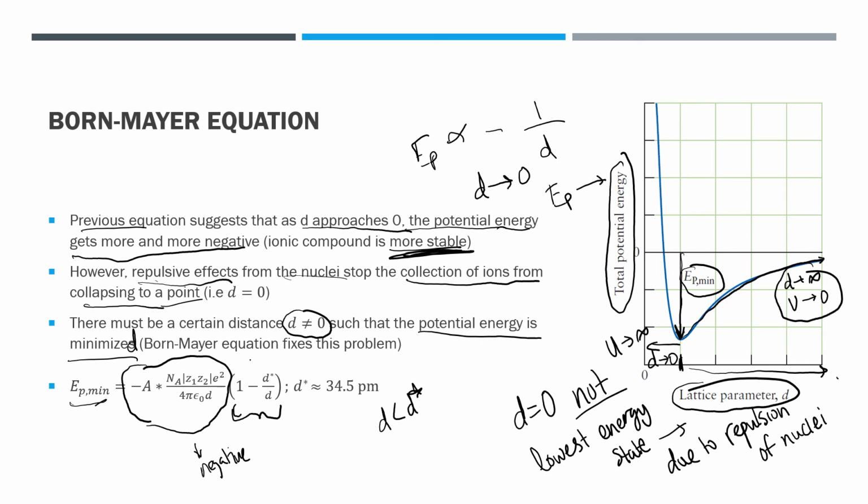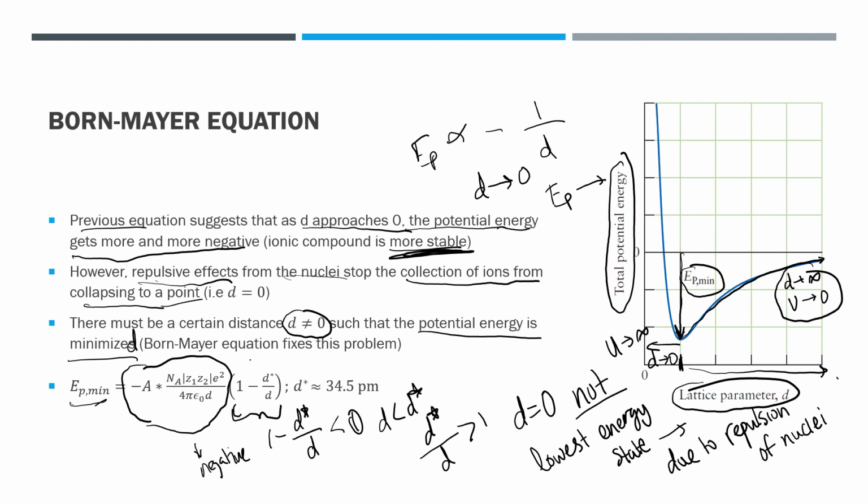Now let's look at this other part and see what happens when D is less than D star. If D is less than D star, that means D star over D is greater than 1. So 1 minus D star over D is going to be less than 0.